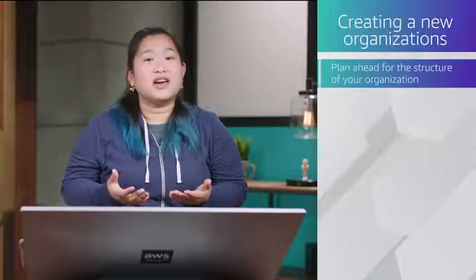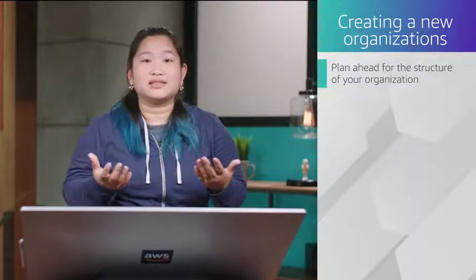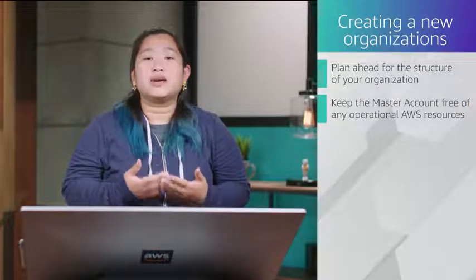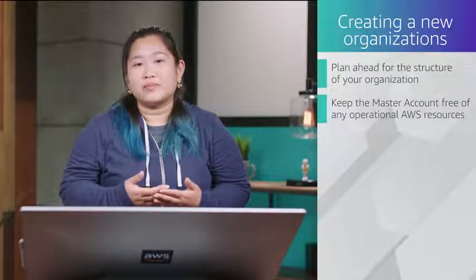There are a few best practices to note as you're creating a new organization. The first one is plan ahead for the structure of your organization. The second best practice is, for the master account, we recommend that you keep the master account free of any operational AWS resource.